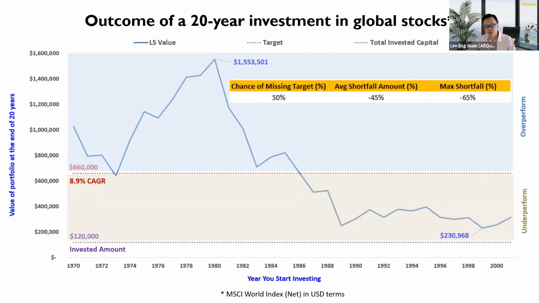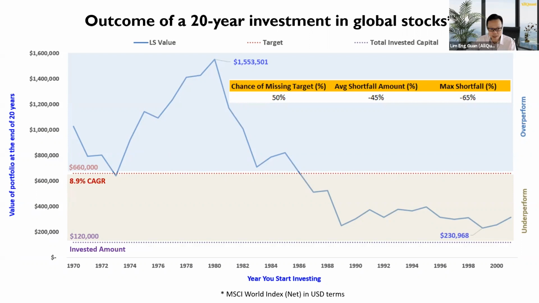I believe you get the idea of what this plot is trying to show you. The good news is that you didn't lose any of your invested capital in all the scenarios. But the variation in what you get at the end is enormous, depending on the year in which you start. It can range, as you can see, anywhere from $231,000 to as much as $1.5 million.